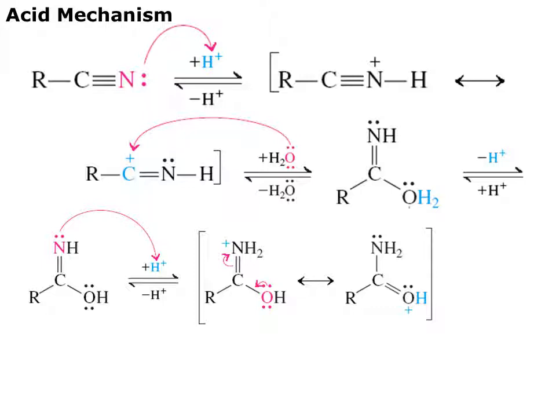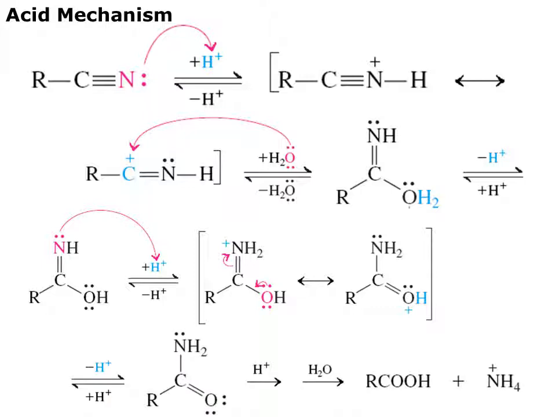Remember, nitrogen is going to be more basic than oxygen. Here, just resonance structures, right? And remember, the goal of this is to create a carboxylic acid. So our next step should involve adding another proton to our amine. This will eventually leave as a good leaving group, and with our hydrolysis from here, you should see that our last structure is an amide.